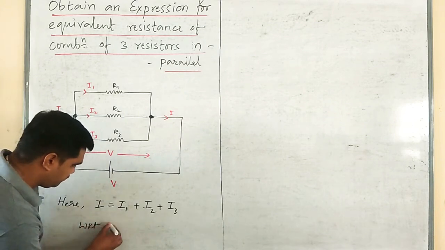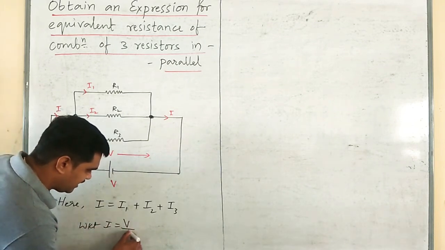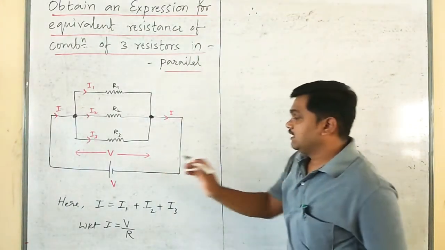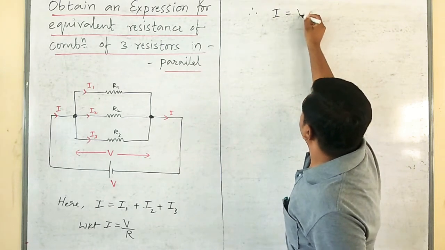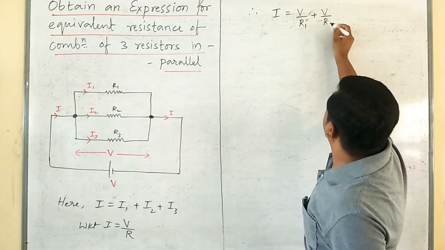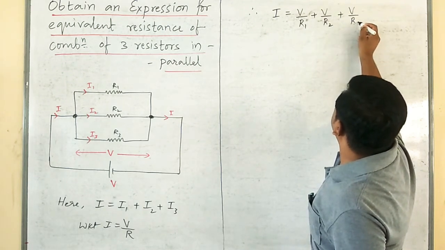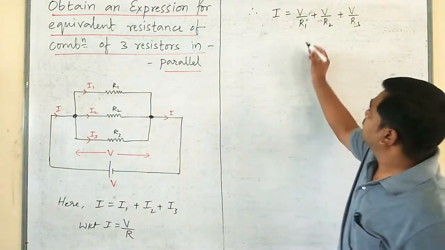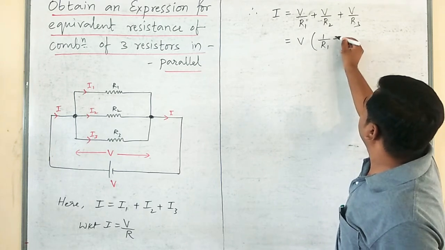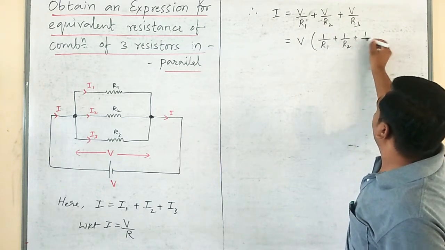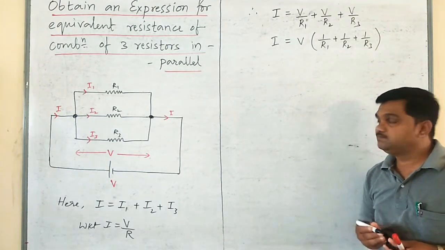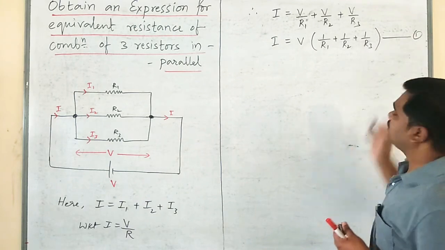We know that I is equal to V by R. Therefore, I is equal to V by R1 plus V by R2 plus V by R3, since the potential is constant. Next, I will take V outside. It becomes 1 by R1 plus 1 by R2 plus 1 by R3. This is the expression for current. Call it equation number 1.